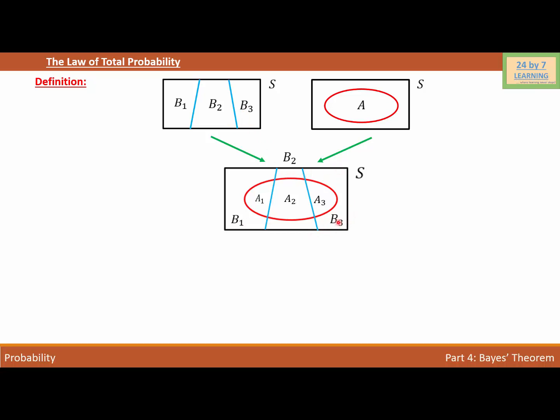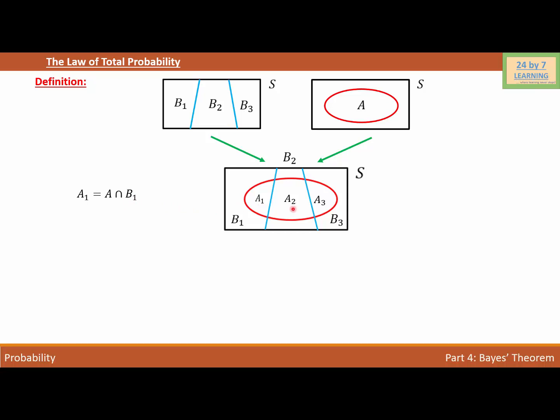Now, I want to find the relation between B1 and A for A1, and in the same way the relation between B2 and A for A2, and B3 and A for A3. So let's write the relation. If you look at A1, A1 is the common area for B1 and A. So I can write A1 is equal to A intersection B1.